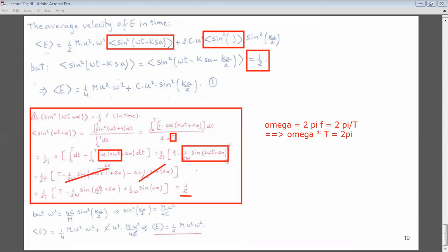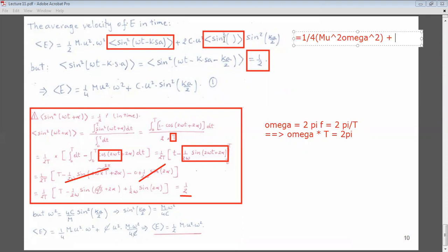Now if I go back to my equation, I have half mu square omega square times half. So this will give me half mu square omega square times half, which is 1 over 4 times this thing, because half times half is 1 over 4.